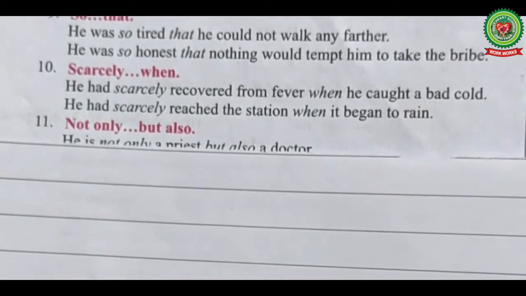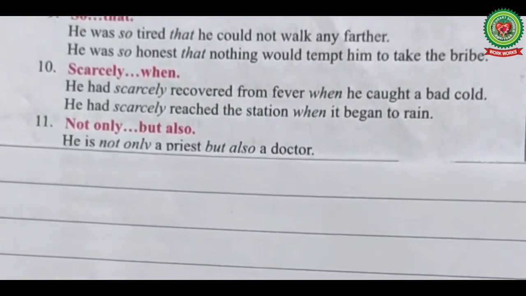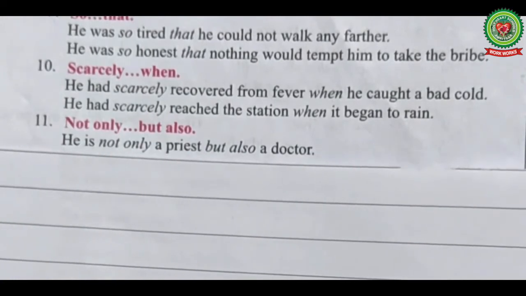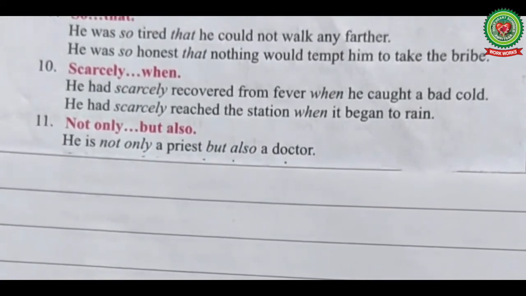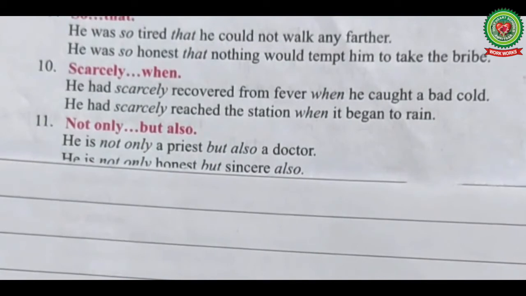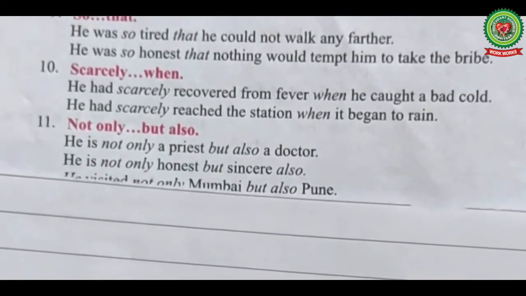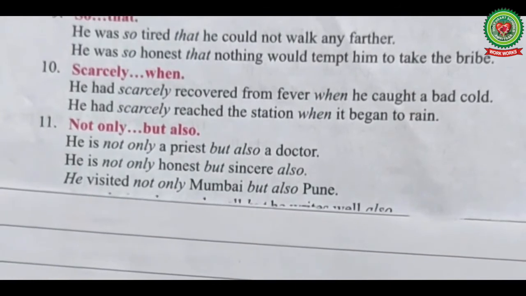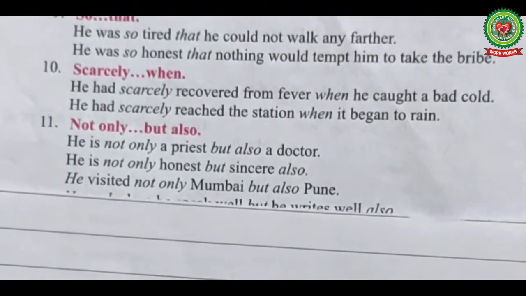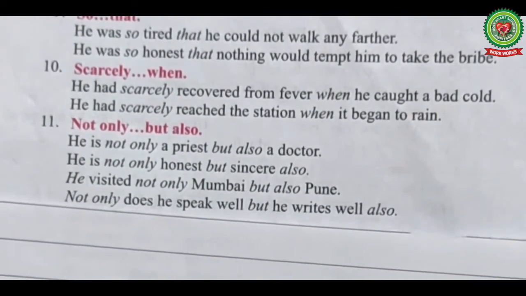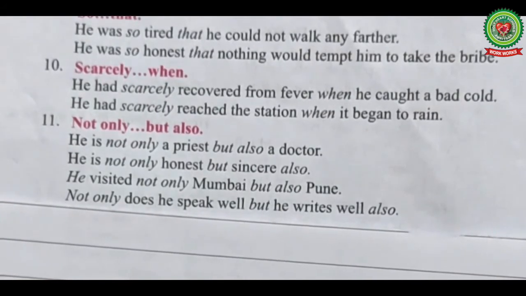For example, he is not only a priest but also a doctor. He is not only honest but sincere also. He visited not only Mumbai but also Pune. Not only does he speak well, but he writes well also.